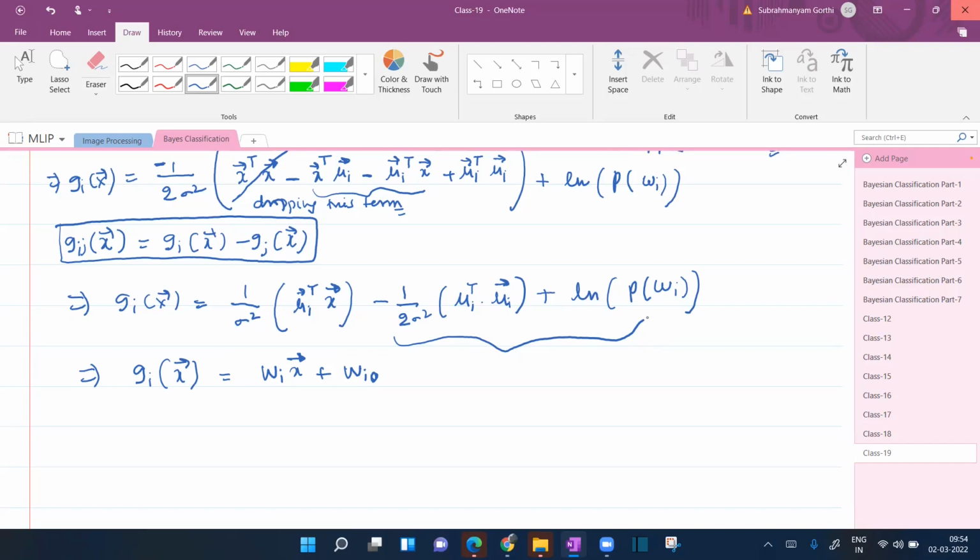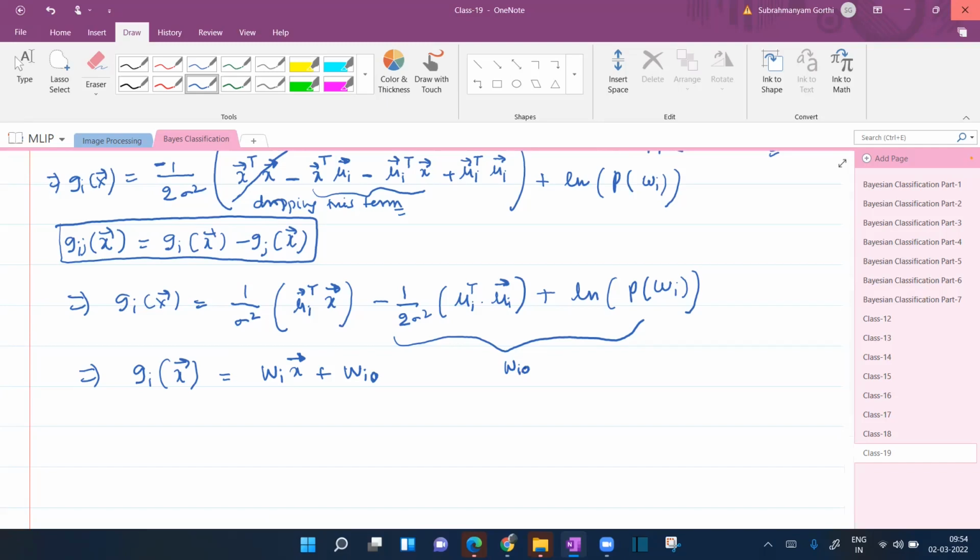Of course, if I go to class j, the probability of omega j could be different. For that class, the mean values could be different, so mu j transpose times mu j is different. So this is a constant value for a given class, which I have written as wi0. Just to say that this is a constant, I kept there wi0.